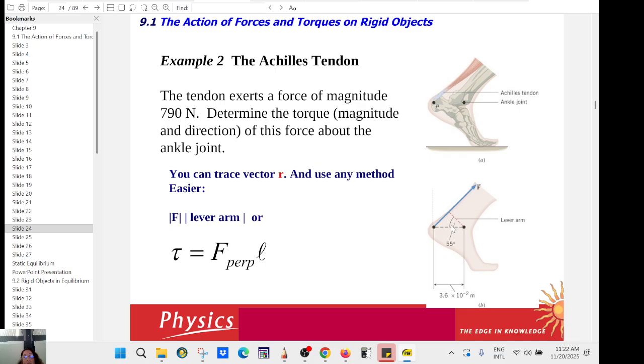Sometimes it's easier to take the lever arm, but you can do the perpendicular one. So let's do the lever arm for a change. You extend F. That will be your axis of rotation, and you take the perpendicular distance. We are not going to use this one, but you can use that one too. But we're going to do the lever arm.